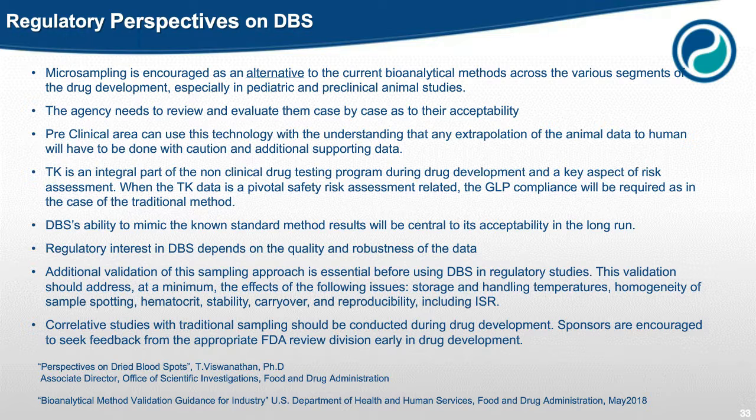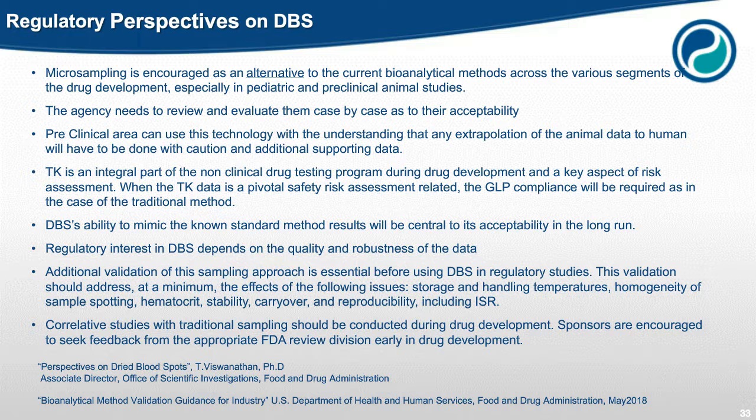With that said, FDA did set rules on how validation of DBS bioanalytical methods should be performed. So in the bioanalytical method validation guidance for industry issued May this year, they did list how DBS assays should be performed. So the last two bullet points are the citations from this literature.